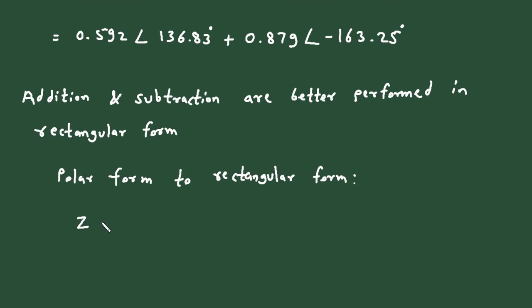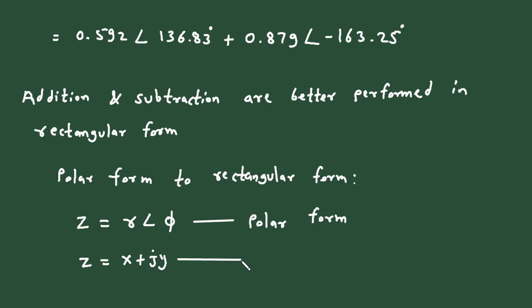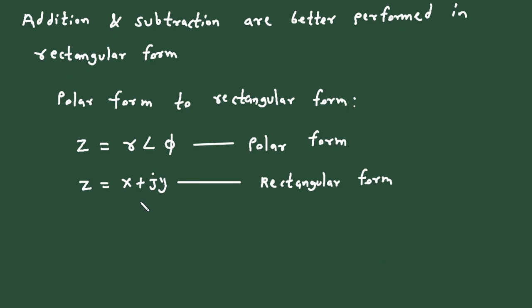Polar form is given as z is equal to r at an angle phi. And z is equal to x plus jy is called rectangular form. So we need the value of x and y. x is equal to r cos phi and y is equal to r sin phi.